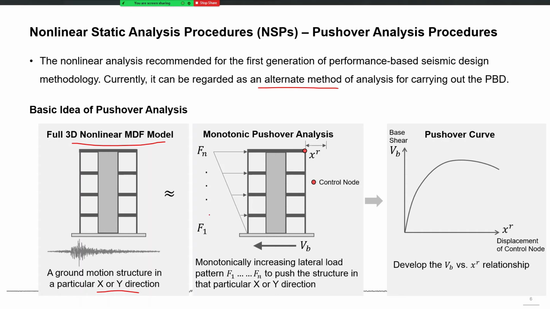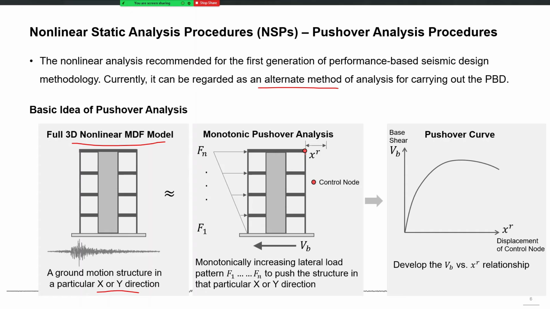So a factor will be applied step by step, starting from a very low value up to a very high value, and those forces will be applied in a step by step manner.